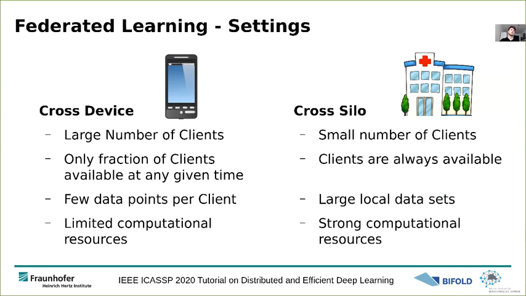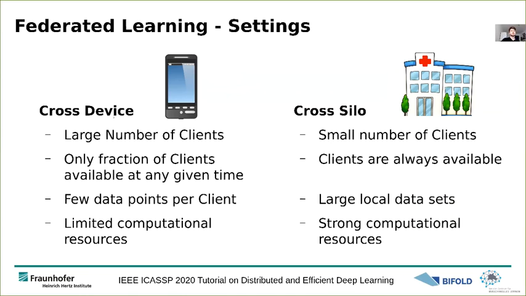There you have a large number of clients, and only a fraction of them will be available at any given time, because you can usually only do this when the phones are charging and on an unmetered mobile network. Also, in this setting you usually have only few data points per client, and the devices have very limited computational resources.